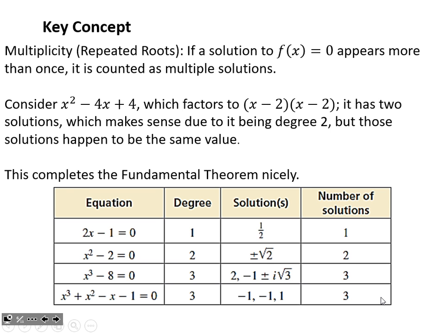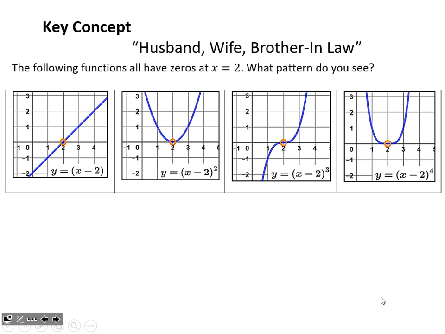All right, so how do we visualize these repeated roots? Well, a nice little analogy is something I borrowed from a colleague of mine. He calls it husband, wife, brother-in-law. So we have here pictured in the graph, you can see the functions there. They all have zeros at x equals 2, but what pattern do we see? Well, let's take a look.